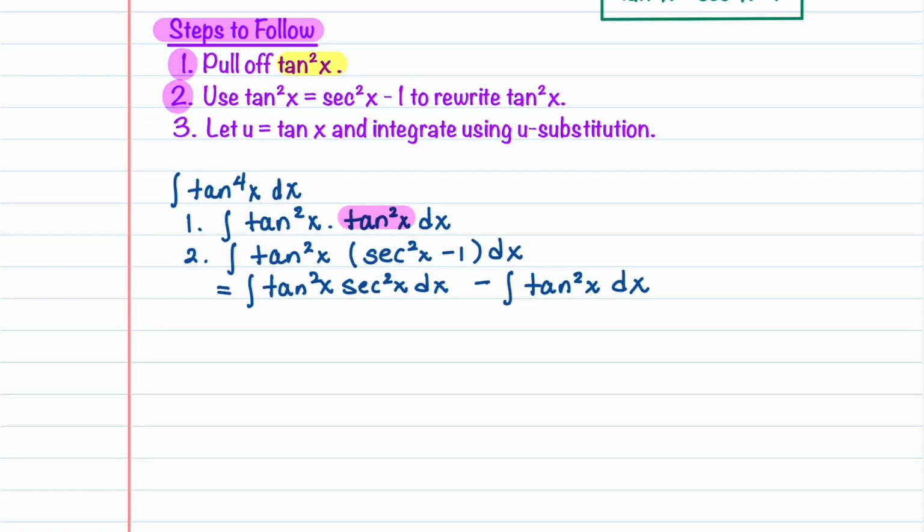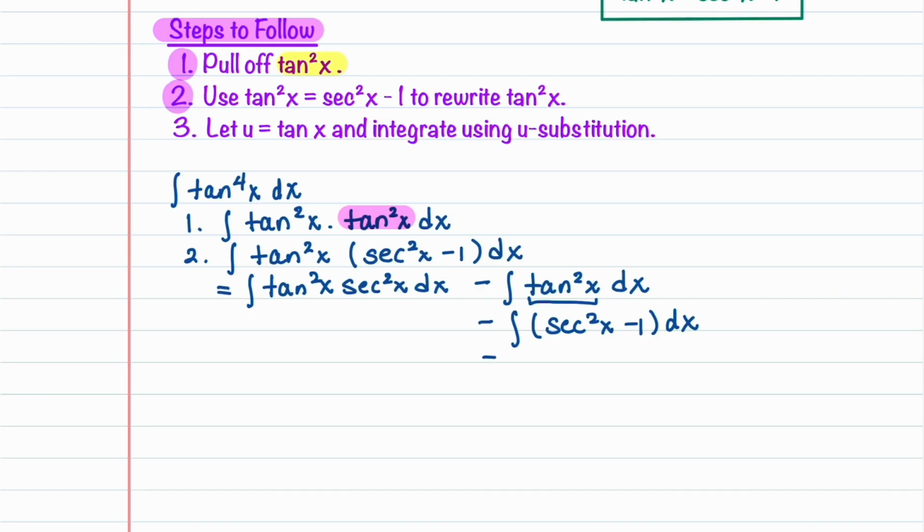Let's go ahead and work on the integral on the right first, because this integral on the right is also an even power of tangent, and we're going to do the same thing. We are going to take this tangent squared right here, and we are going to rewrite it as secant squared x minus 1 dx. And then let's just integrate this.